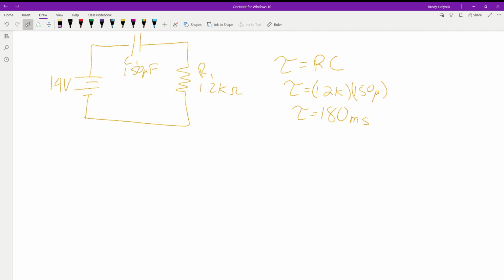We take however many time constants we've gone, with our base tau, and we multiply them across. Yep, 2 tau is equal to 2 times RC. 3 tau is 3 times RC. So tau is our base time constant, and we want to go till 5.